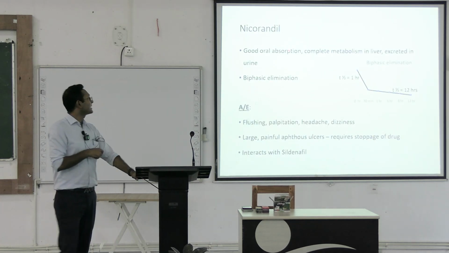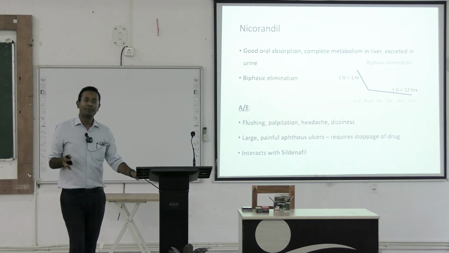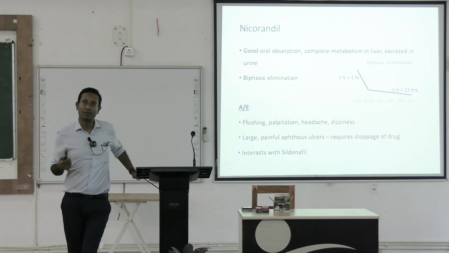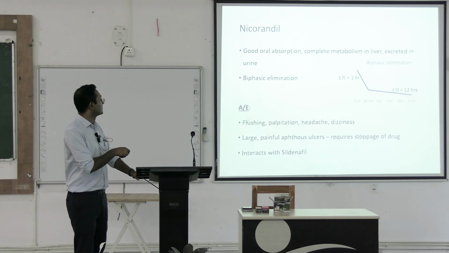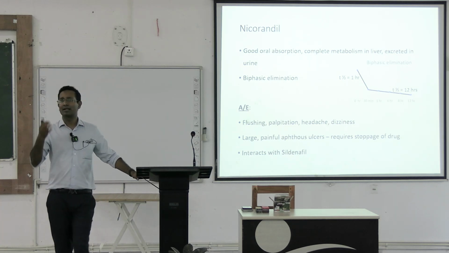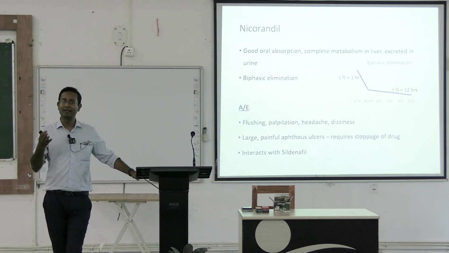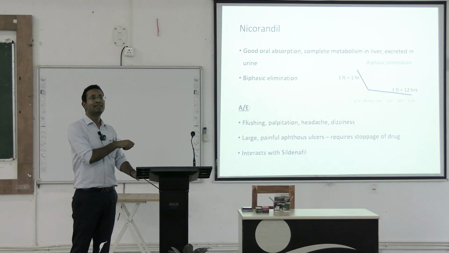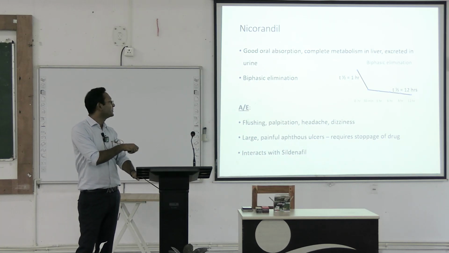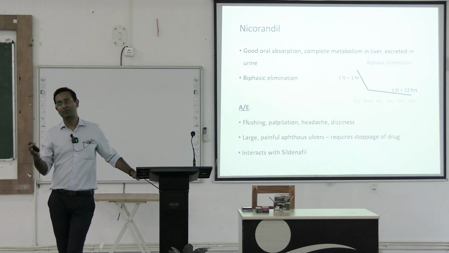Now, this nicorandil has good oral absorption, complete metabolism in the liver, and is excreted in urine. This drug follows biphasic elimination. When the drug concentration is higher, in the beginning there is rapid elimination, the T-half is 1 hour, rapid elimination in the first 1 hour.